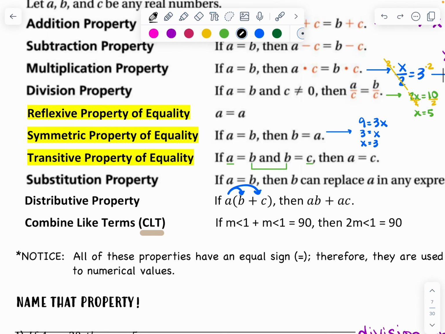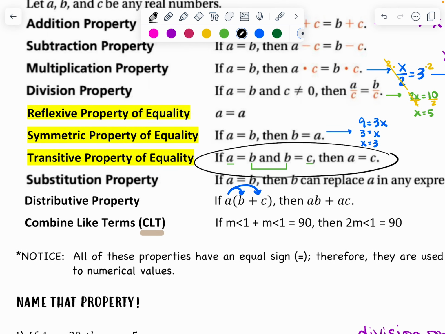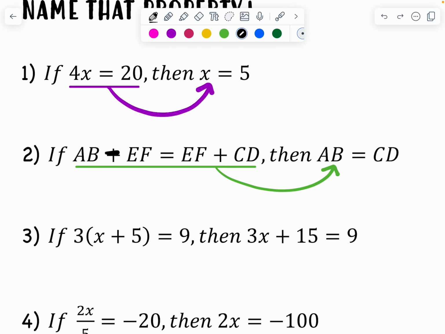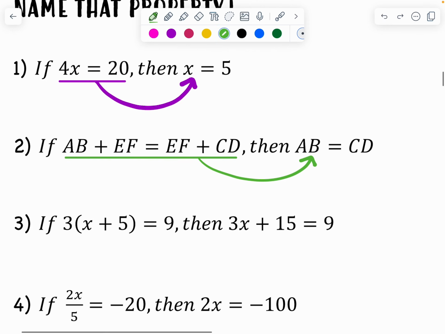If you go back up and look at the transitive property, there is not a plus sign to be found. The transitive property is a connection of equalities that connects three things together, and there are no plus signs in that. If this said AB equals EF and EF equals CD, that would be the transitive property, but that's not what's happening here, so it does look a little confusing.